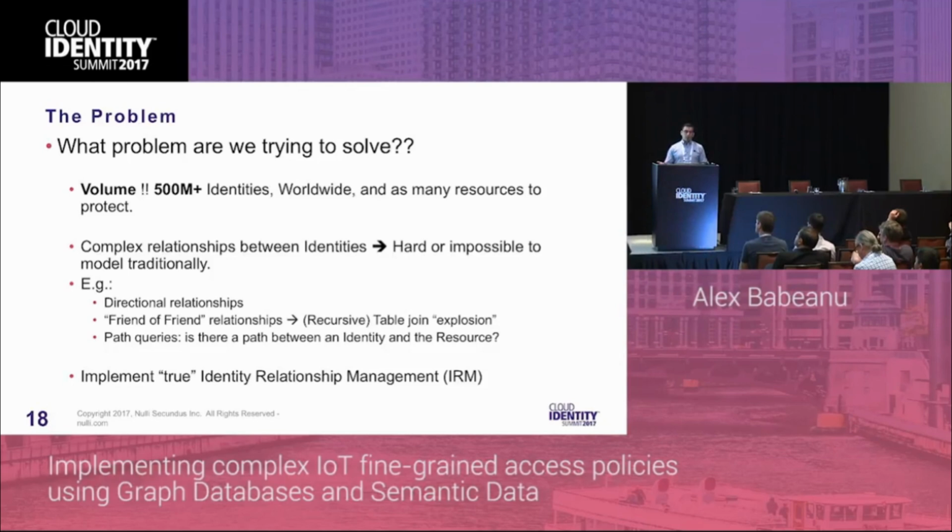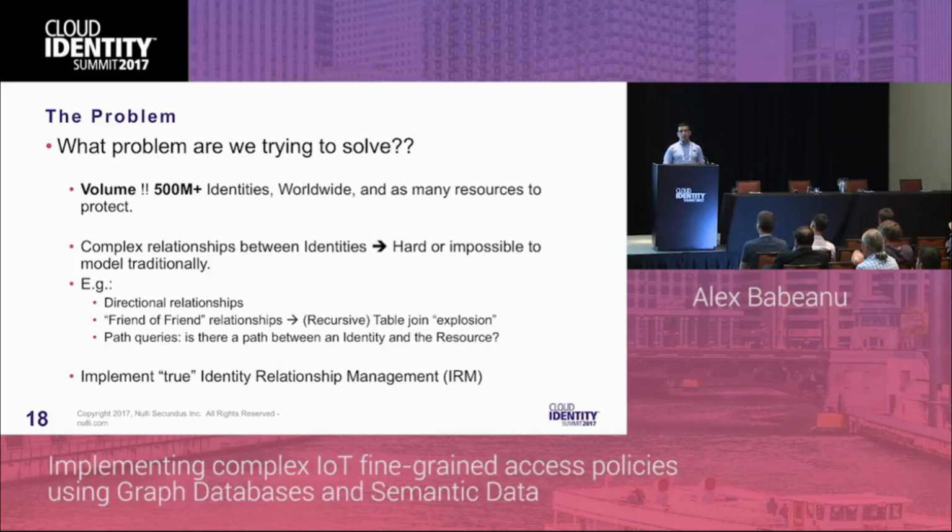Of course, we looked at SQL databases or even LDAP, but all of these were really hard to model in a traditional way. For example, with SQL databases, it's really hard to model things like directional relationships or friend-of-friend relationships, which often include lots of joins that you have to do on your tables. Basically a table join explosion at that point, so really hard to make that perform.